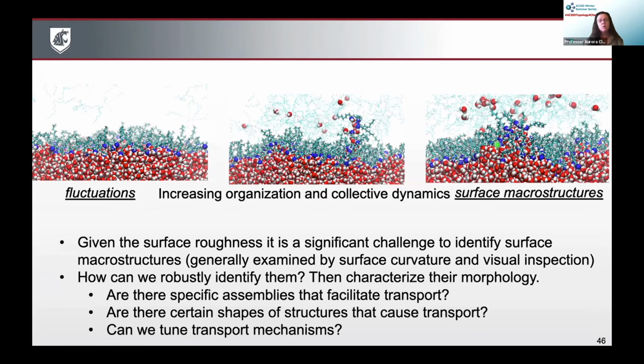So we want to robustly identify these species, then characterize their morphology using things like persistent homology. If we can do this, we can ask a whole slew of fascinating chemistry questions. Are there specific assemblies that facilitate transport? Are there certain shapes of structures that cause transport? Can we tune the transport mechanism by changing the composition and molecules at the interface?